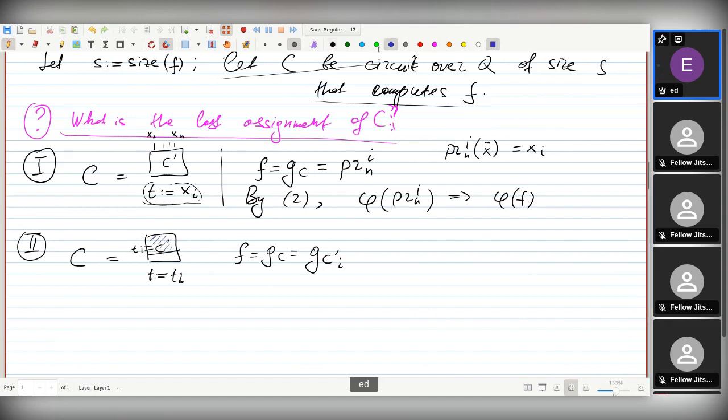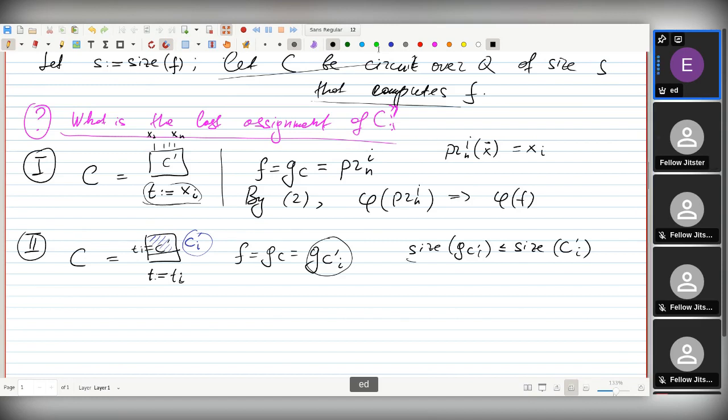You know, every prefix of a circuit is a circuit. What about this function? What is its size? Clearly it is not greater than the size of c prime i. Do you agree?